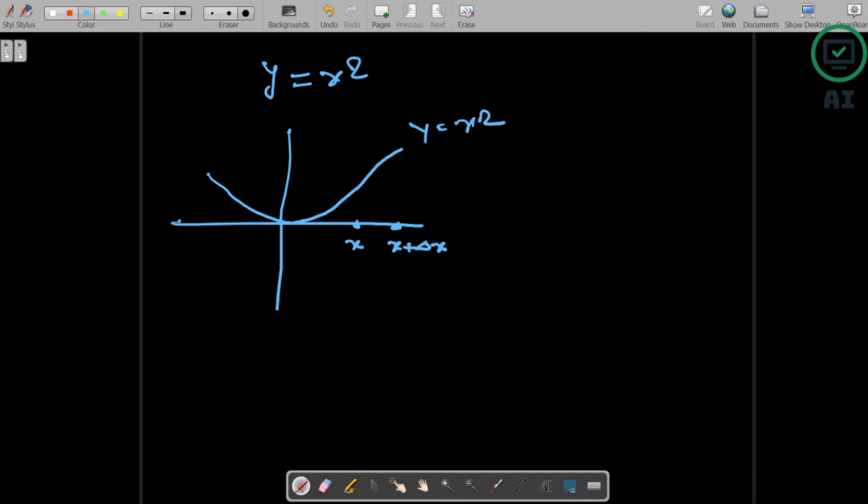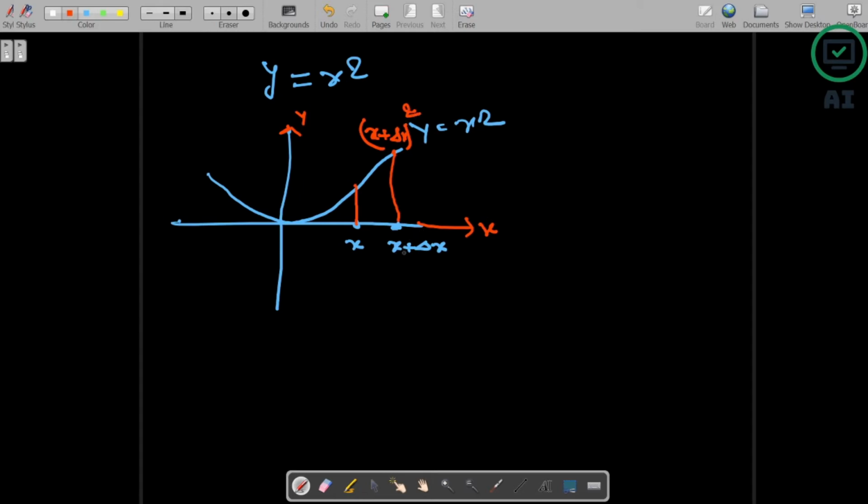So if this point is delta x, what is the function value for this particular point and this particular point? So that will be on this y, this is y and this is x. So this point will be nothing but x plus delta x whole square, because we have a function y equal to x square.